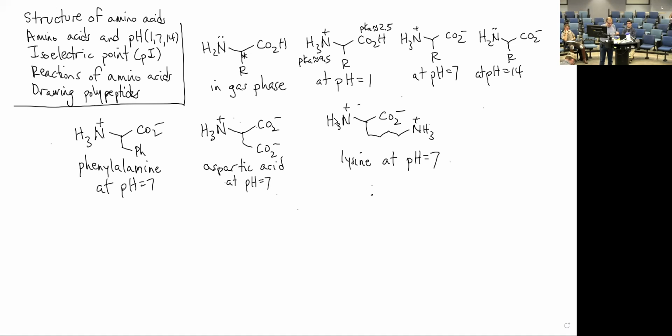Well, I don't want to spend a lot of time talking about isoelectric point, but I want to at least mention it since, probably 90% of the time, it's really easy to calculate. But the isoelectric point is the pH at which the overall charge on the whole molecule is 0.